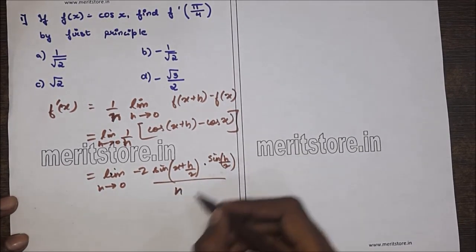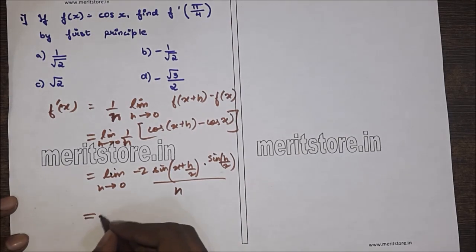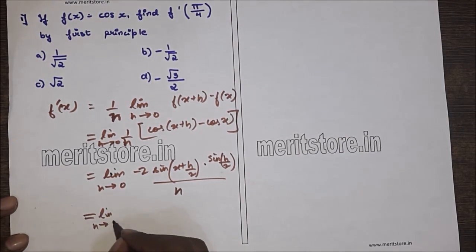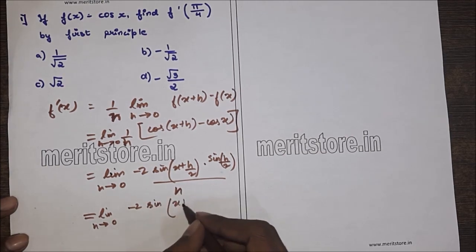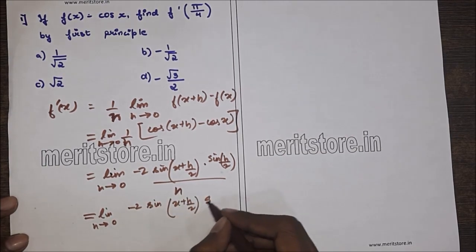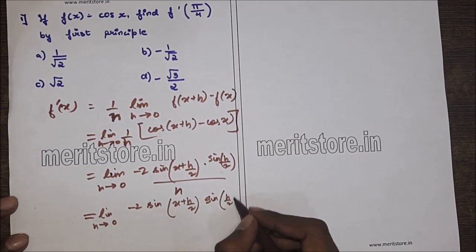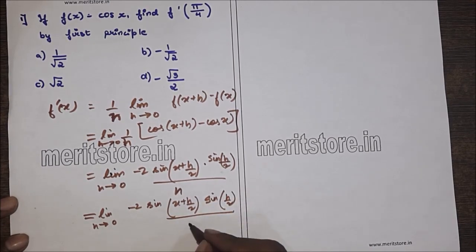Now we divide and multiply by 2, so we get limit h tends to 0, minus 2 times sine of x plus h by 2 into sine of h by 2 divided by h by 2, into 2.